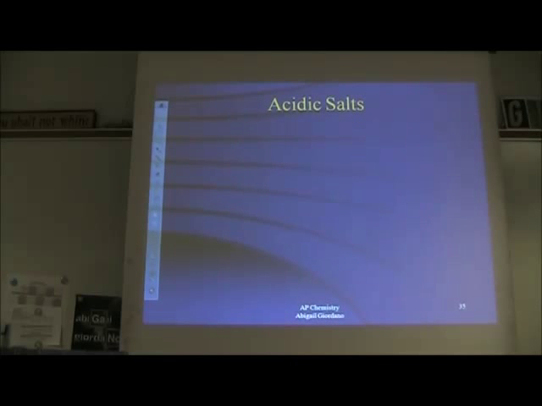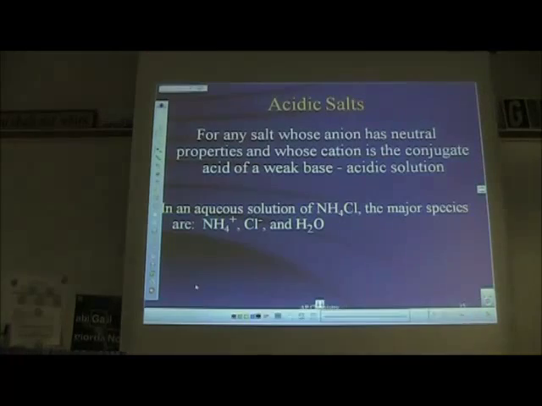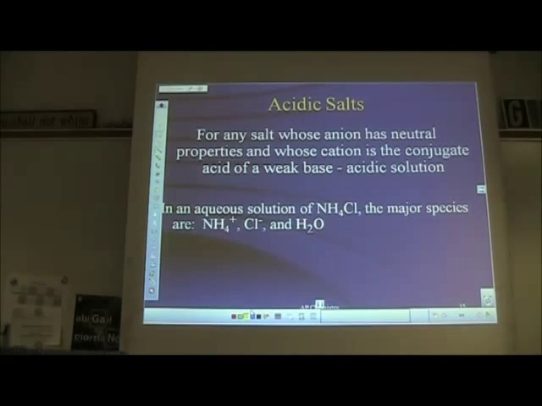Let's say that we are dealing with this salt right here, ammonium chloride. The very first thing I do when I'm presented with a salt, you don't have to do this, I just find it helpful, is I always draw a line separating the cation from the anion.